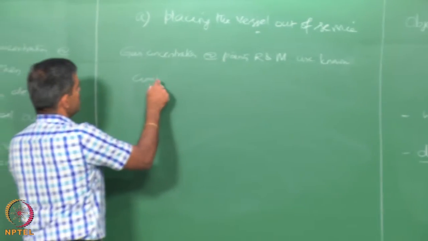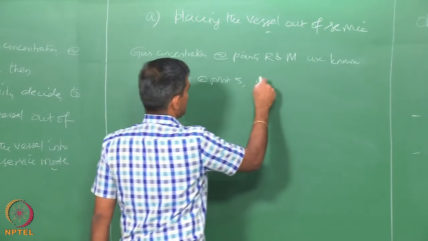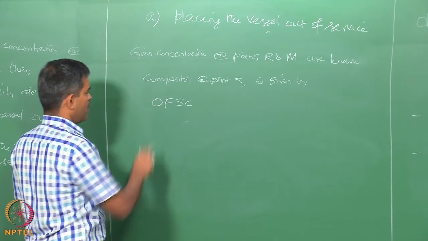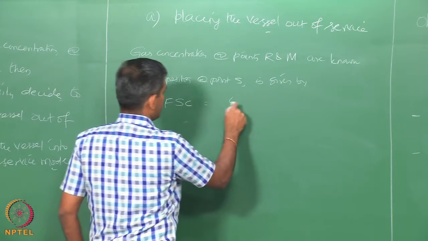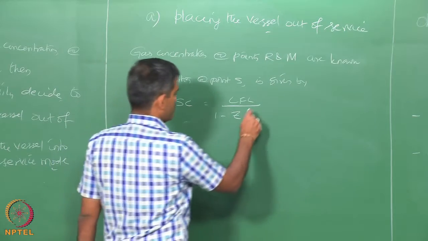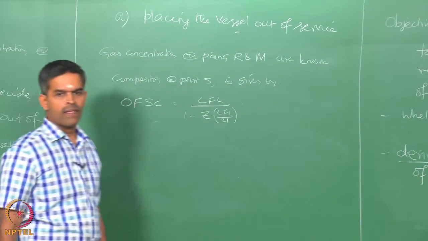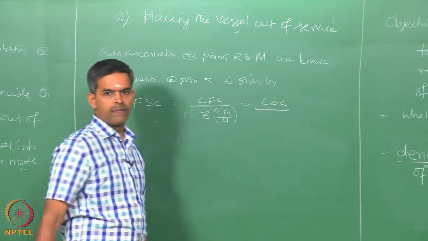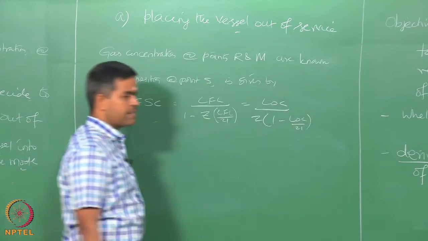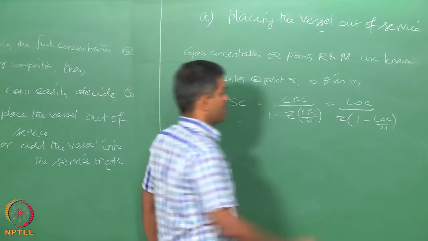Then the composition at point S, which we read, is given by, with the vessel out of service, the LFL value of the fuel mixture by 1 minus the stoichiometric relationship value LFL by 21, which is equal to LOC by Z of 1 minus LOC by 20, because 79% is generally the nitrogen concentration in pure air. This is equation number 1.